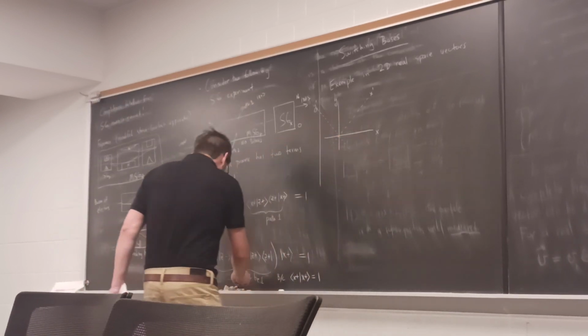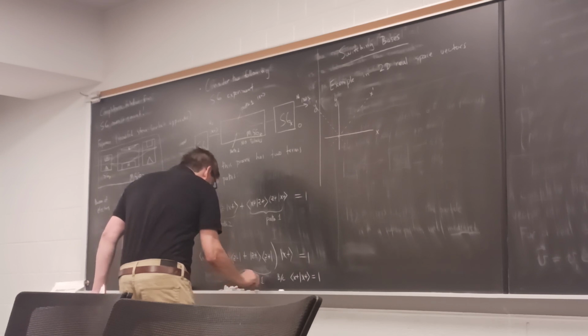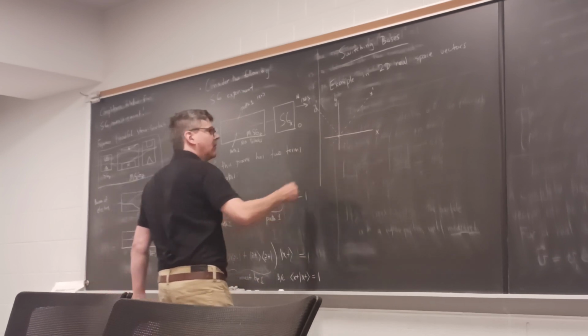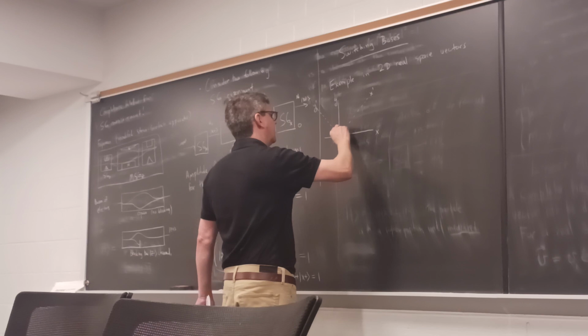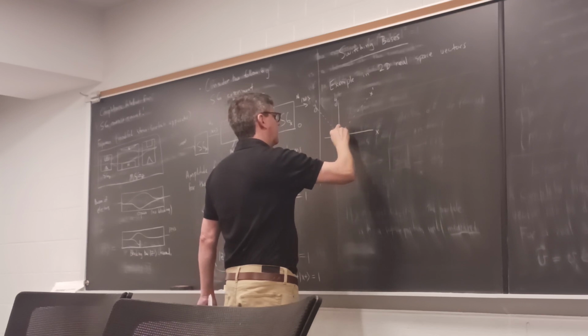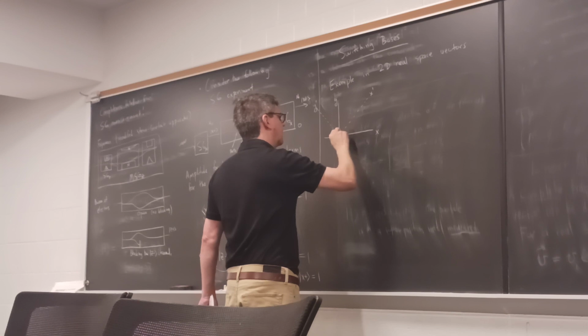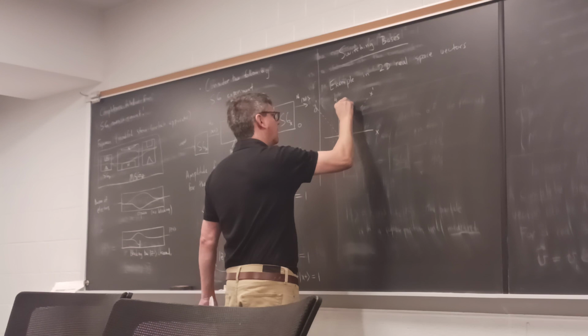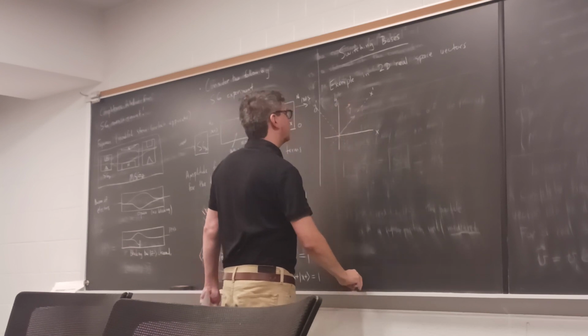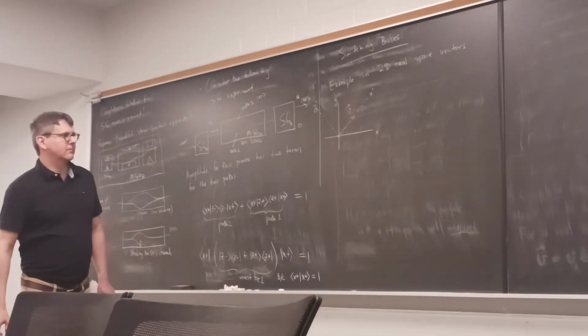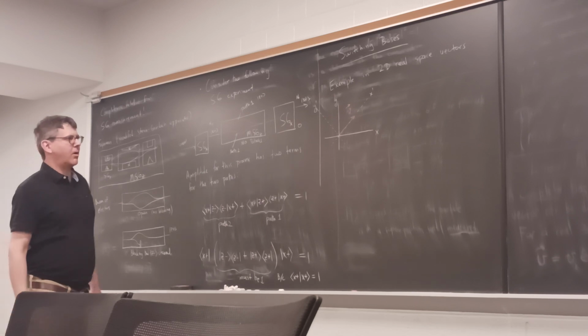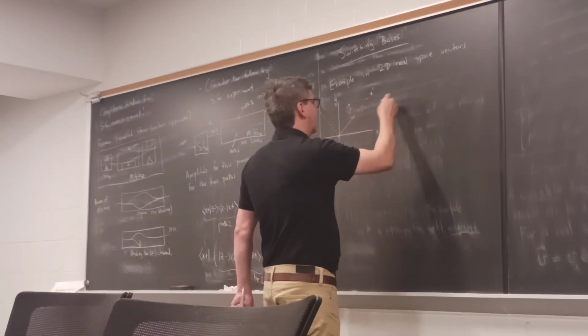Then when I draw in a vector here, let's just take one, right along the x prime direction.